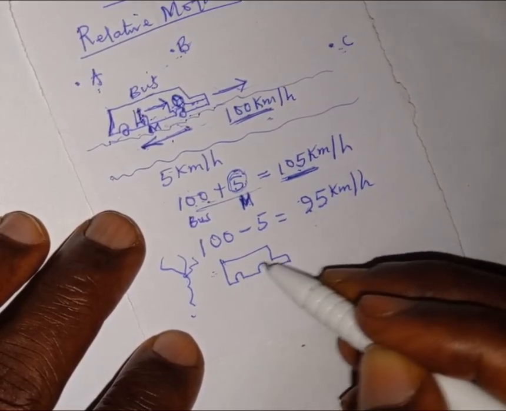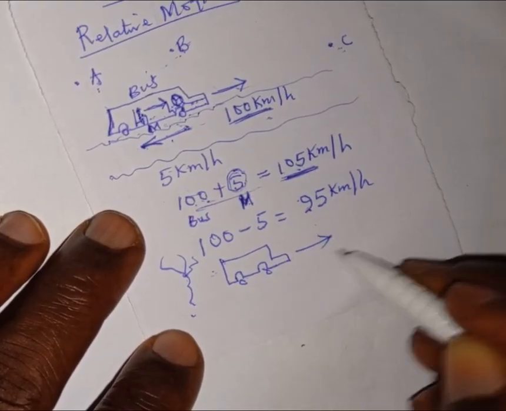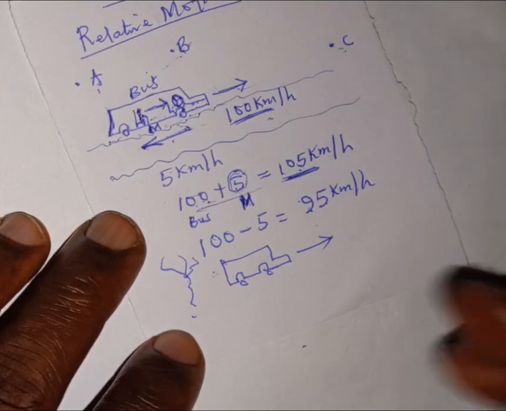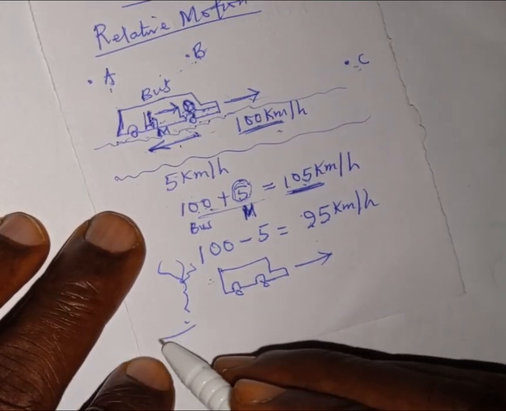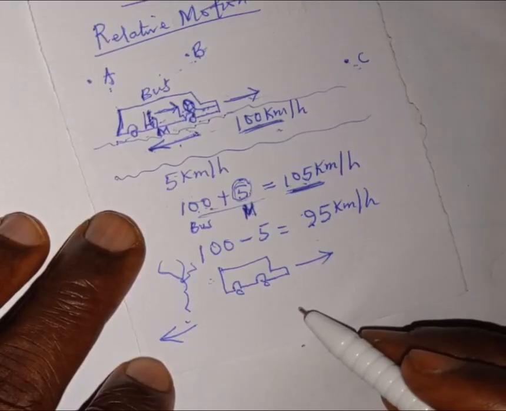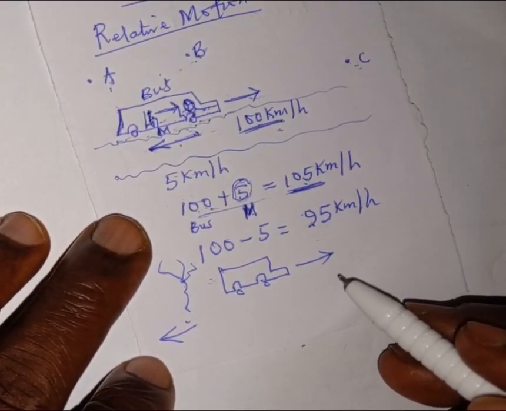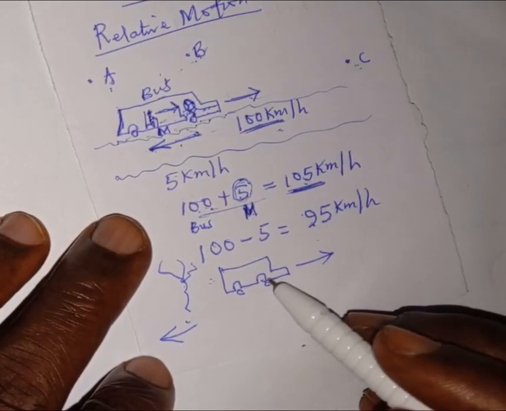So if the bus is traveling this way and passes those static, stationary trees, it looks like the trees are moving backwards. Actually, the trees are not moving backwards.